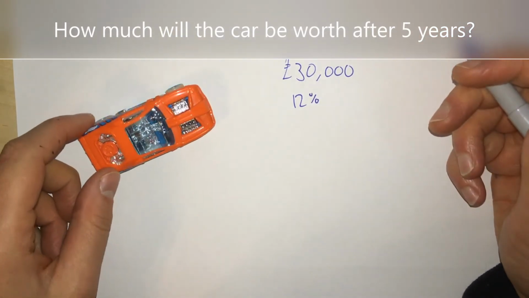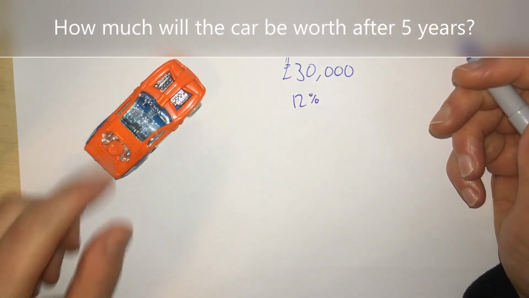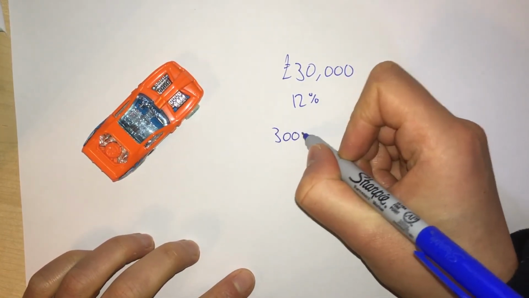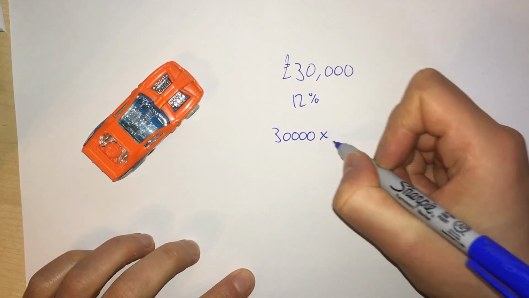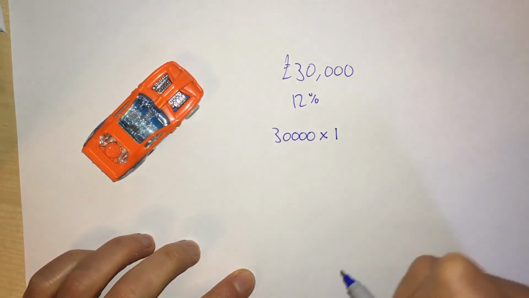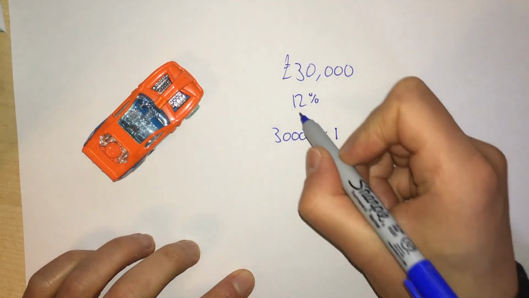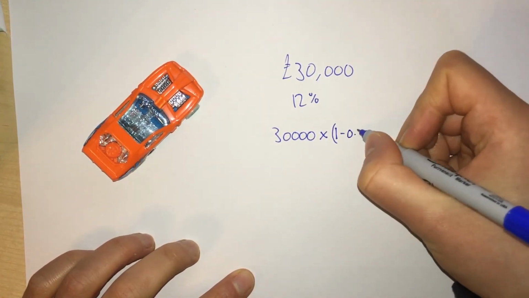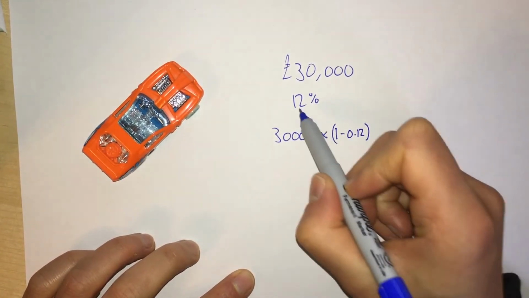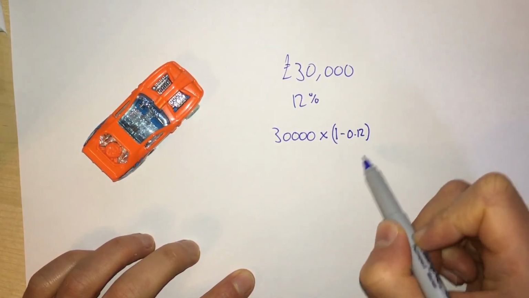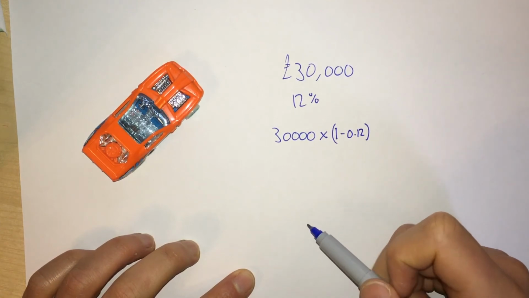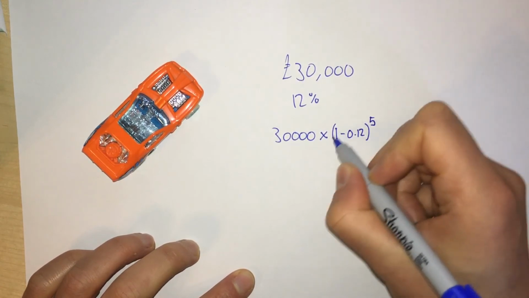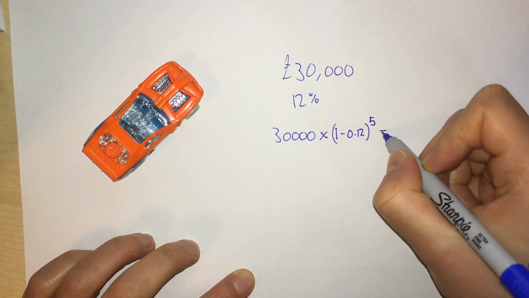Well, we can use the same method that we use for compound interest to work this out. Let's take our original amount, 30,000, and if we multiplied it by 1, we'd get the same answer. But this time it's losing value. So we're going to take away 0.12, which is the percentage represented as a decimal. And to find out how much the car is worth after 5 years, I want to use this multiplier 5 times.